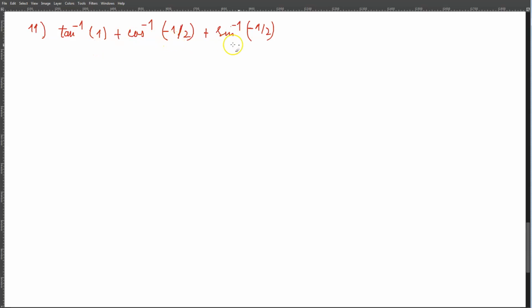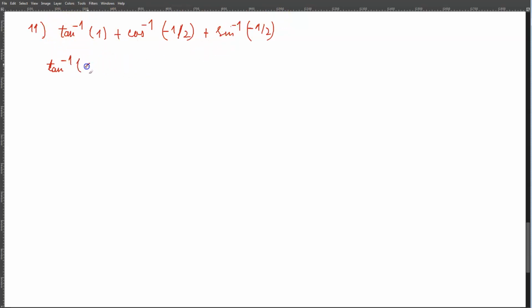These are 3 angles, and then we need to add the angles together. So tan inverse of 1, and of course we are assuming here that we are calculating the principal values, because no other assumption can we make unless stated otherwise, right?